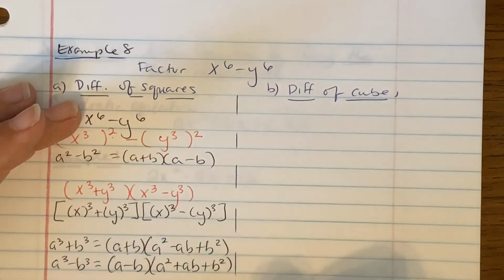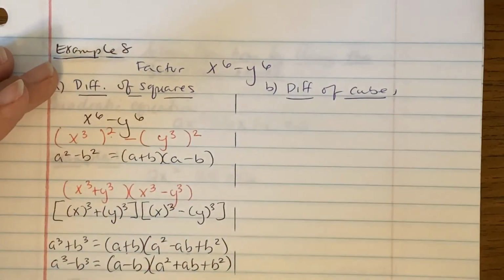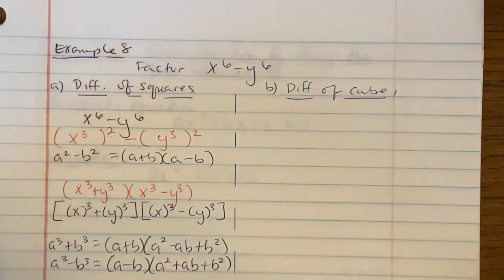There is our result. So notice how many parentheses we have. 1, 2, 3, 4. So difference of squares results in 4 terms.